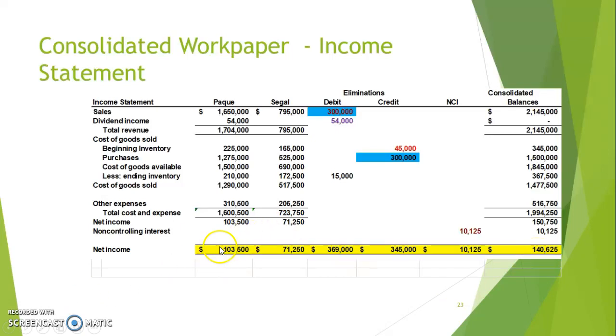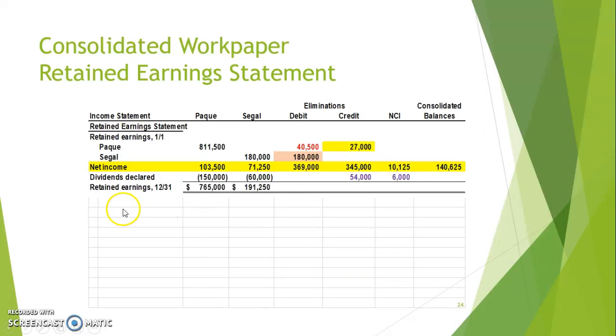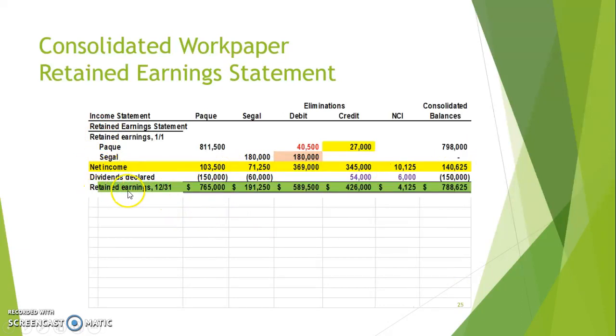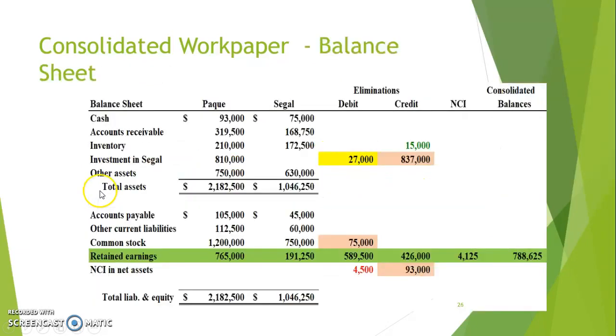The entire net income line then appears in the statement of retained earnings, and with all the other adjustments made, the retained earnings account is now revised, and this line is transferred directly into the retained earnings in the balance sheet.